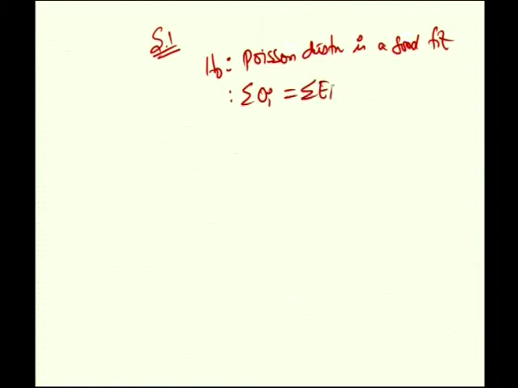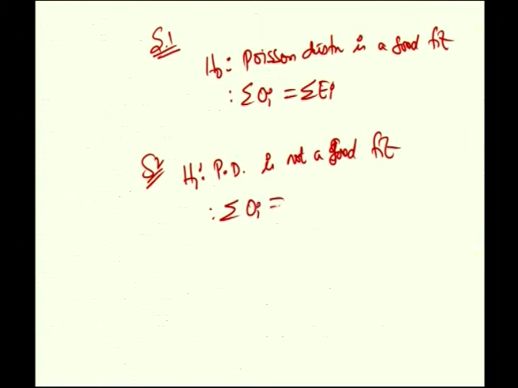Step 1 says H naught: Poisson distribution is a good fit, and mathematically summation OI is equal to summation EI. Step 2 says H1: Poisson distribution is not a good fit, that is summation OI is not equal to summation EI.